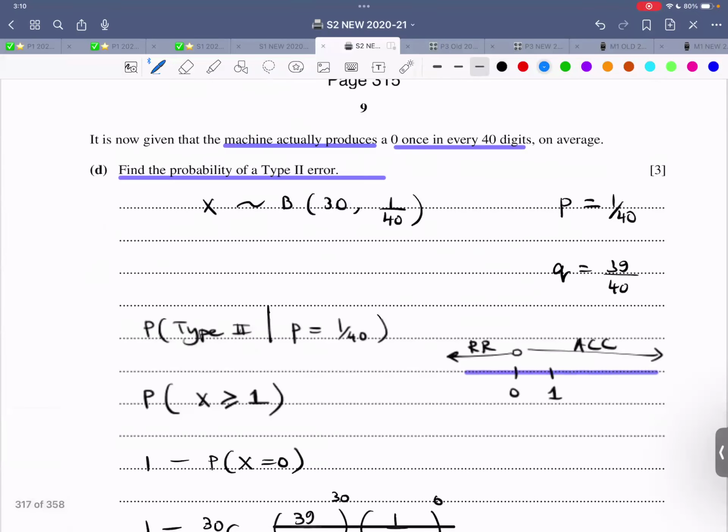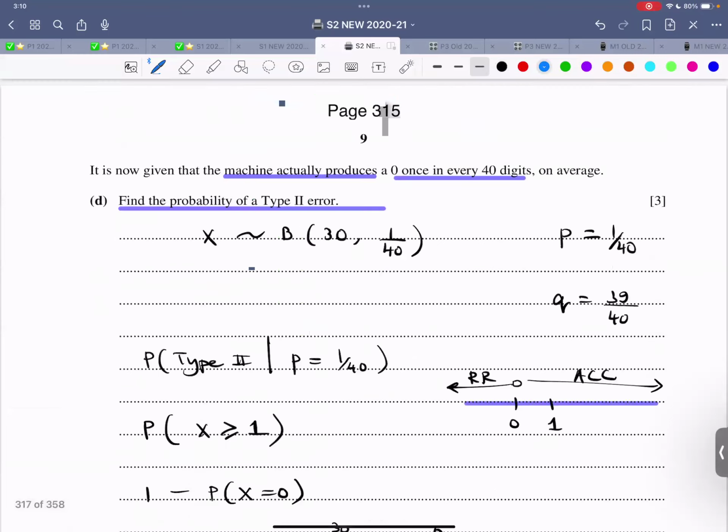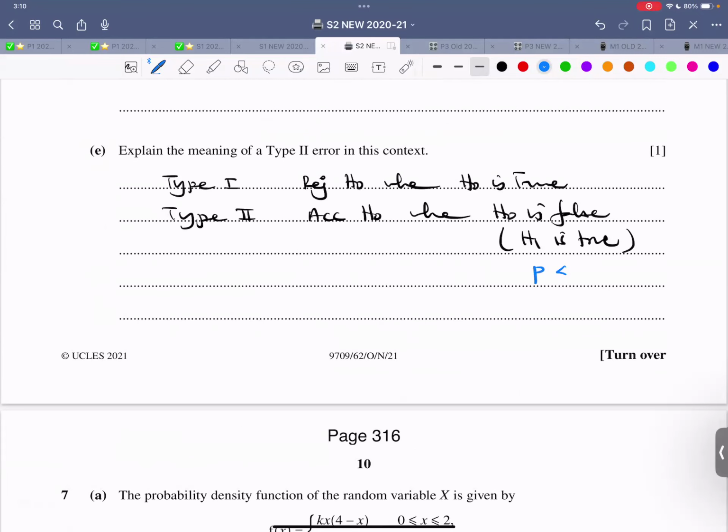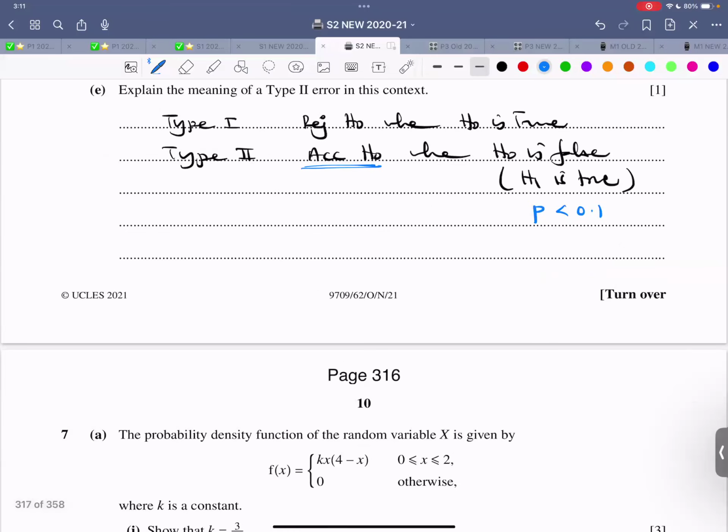Now, if H1 is true, H1 is P less than 10%, P is less than 0.1. We are accepting H0. We are making a mistake. So how should I write this in words? We are concluding that the probability is less than 10% when in reality it's not.